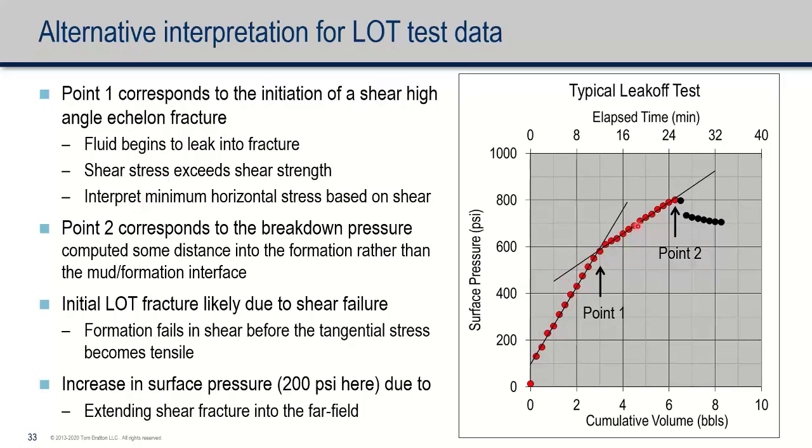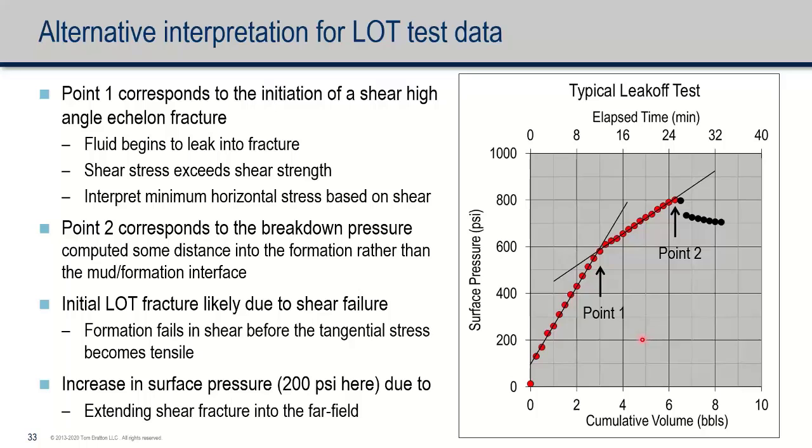You increase in pressure until you get into the far field, and then the test is terminated here, because drillers typically don't want to break down the formation. And then they shut in for a period of time, 10 minutes typically. But tensile failure mode is generally what's applied in interpreting this data.